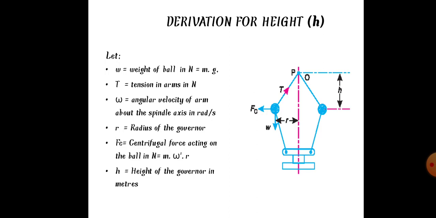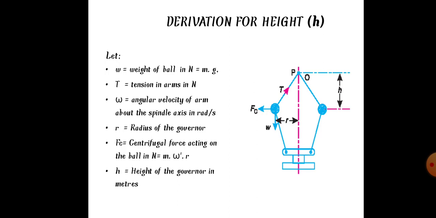Let Fc be the centrifugal force acting on the ball, in newtons, and the value of Fc is m omega square r. And h is the height of the governor, in meters.